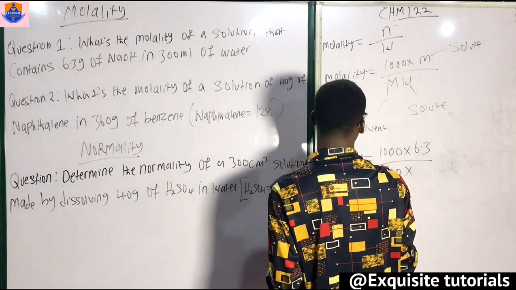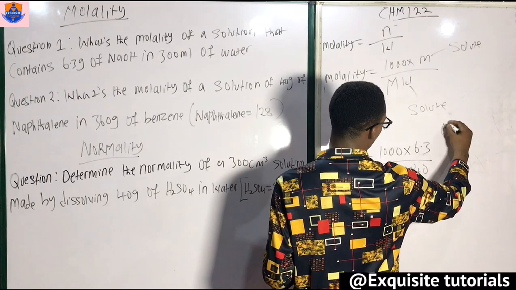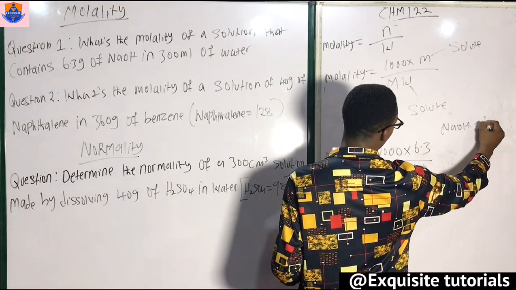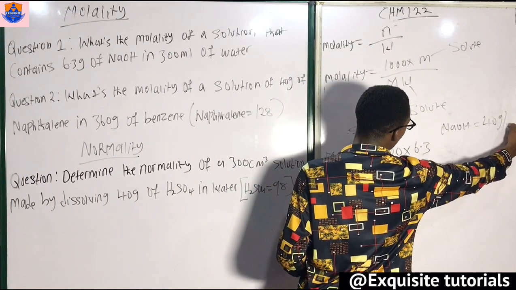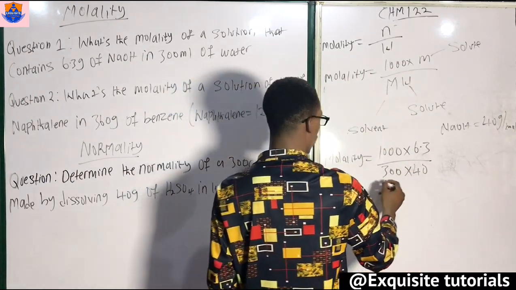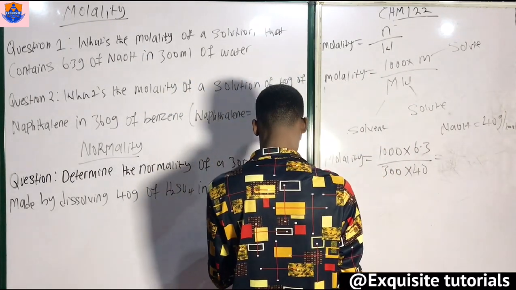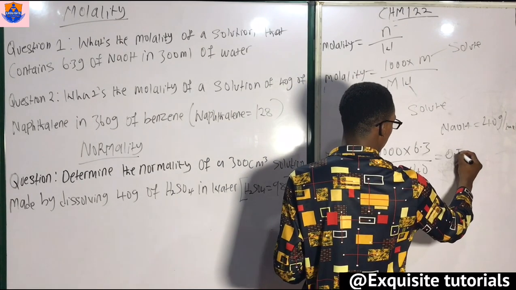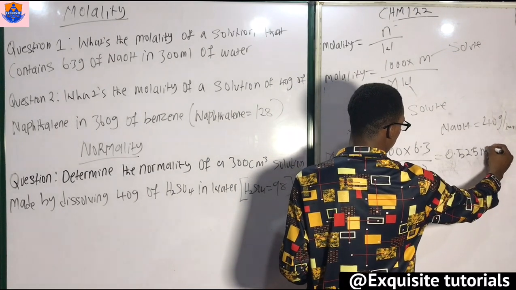Now what was the weight of solute? 40, which is NaOH. So this is actually 40 grams per mole. So our molality will be 0.525 molal.